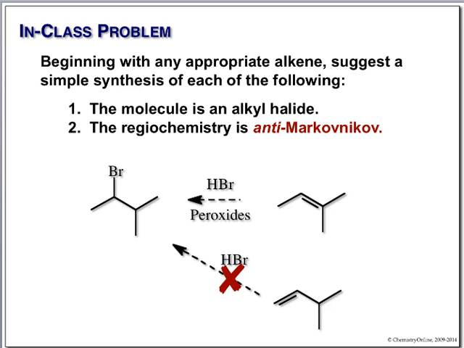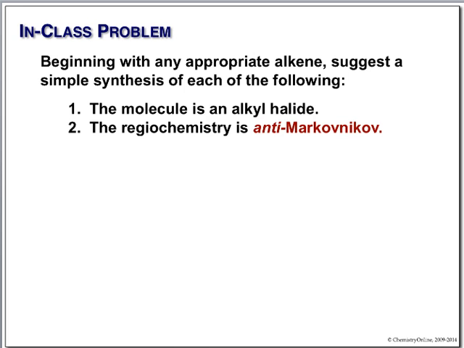Why? Because remember, the ionic addition here has a carbocation intermediate, and it can rearrange. What would happen is we would add HBr here and form this carbocation.